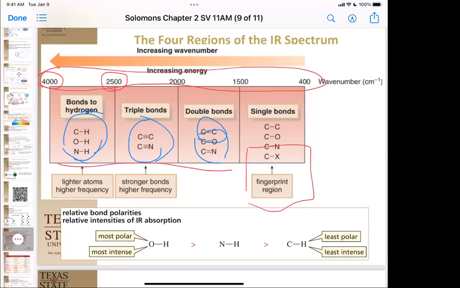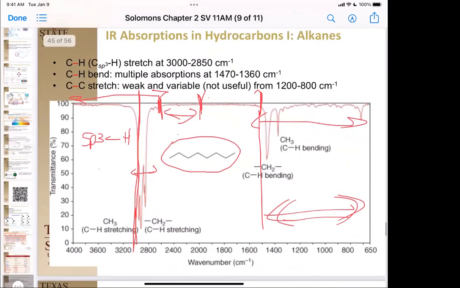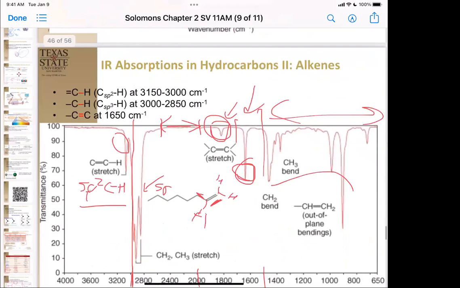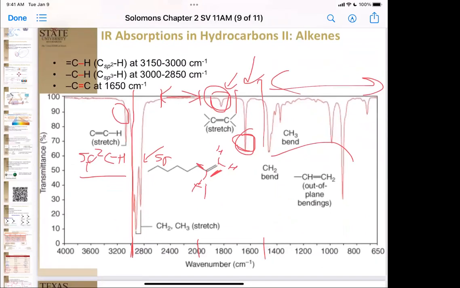So that being said, we looked at some hydrocarbons, and we started out with just sp3 hybridized carbons, and they all had carbon-hydrogen bonds just below 3,000. Then we said, hey, we have a hydrogen on an sp2 hybridized carbon, and we can distinguish that from an sp3 hybridized carbon because those peaks are just above 3,000.